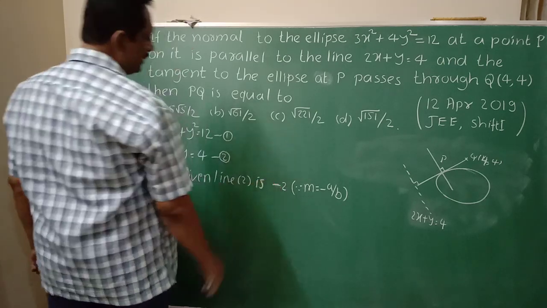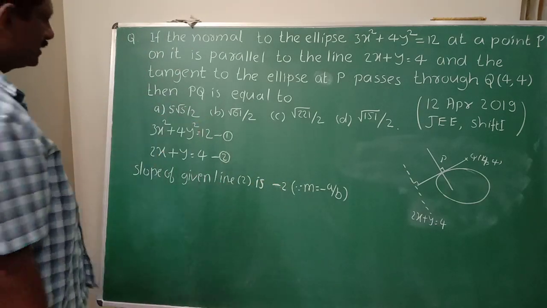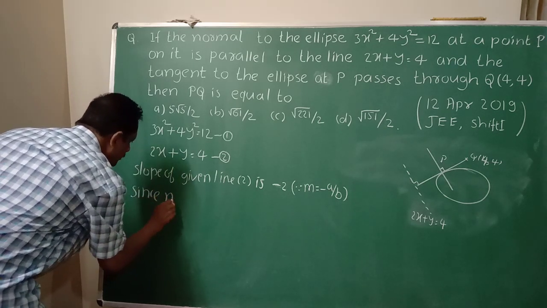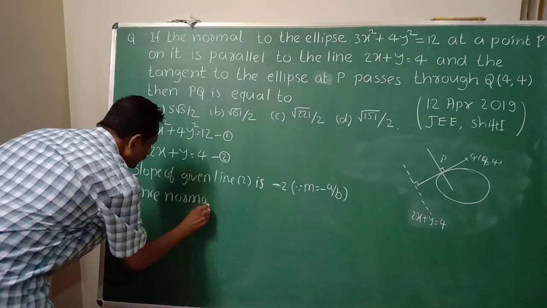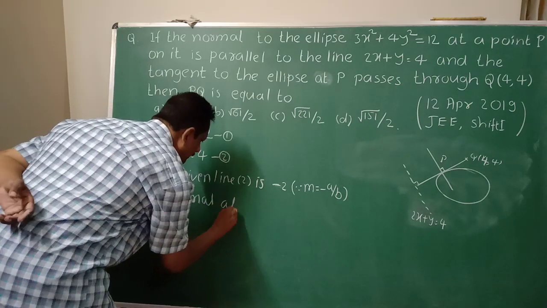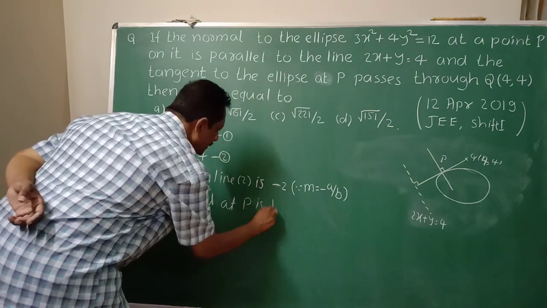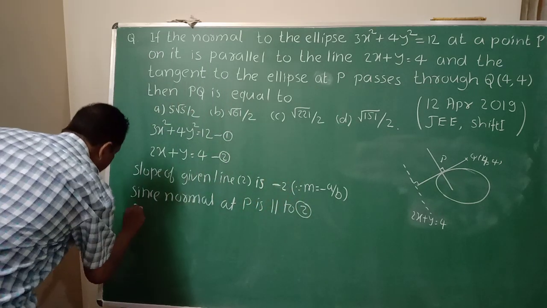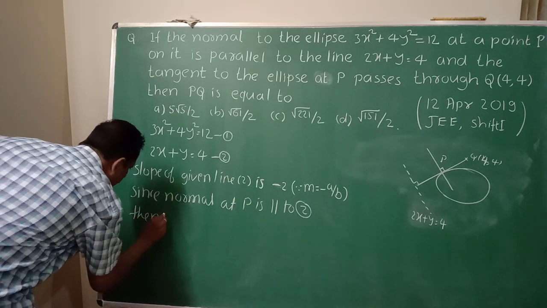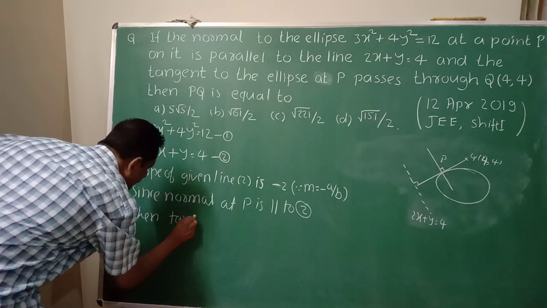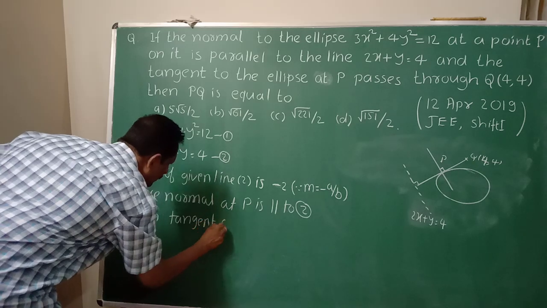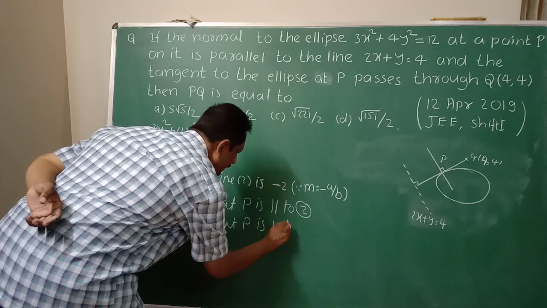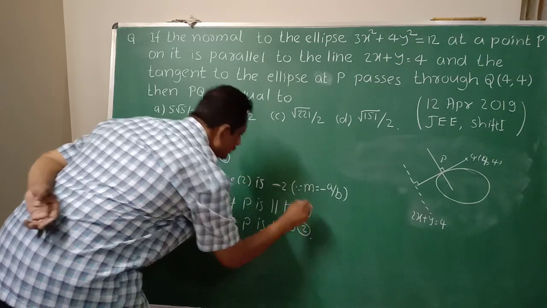Okay, then the normal is parallel to the given line. Since the normal at P is parallel to the given line, then the tangent at P is perpendicular to the line.